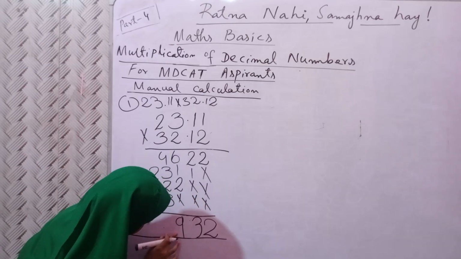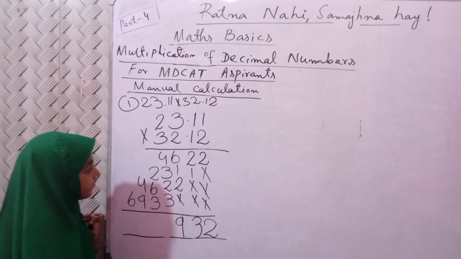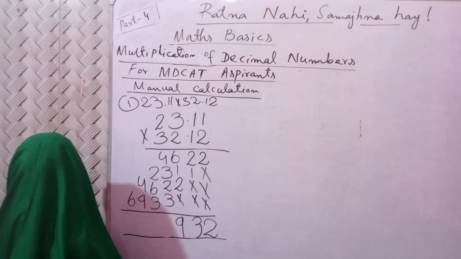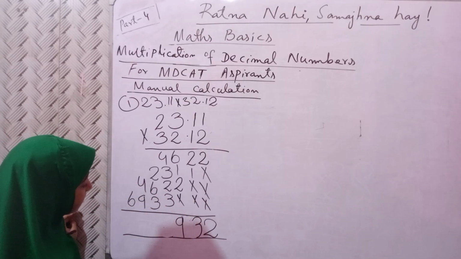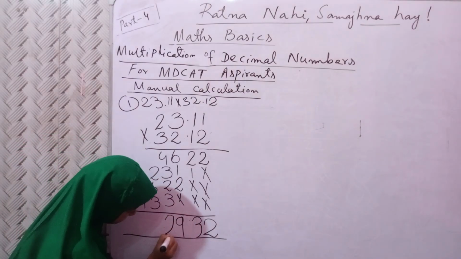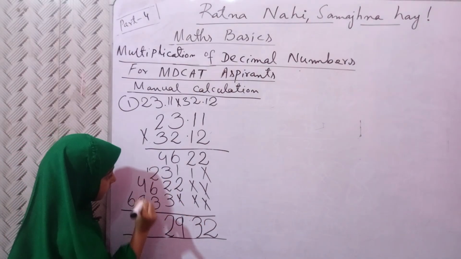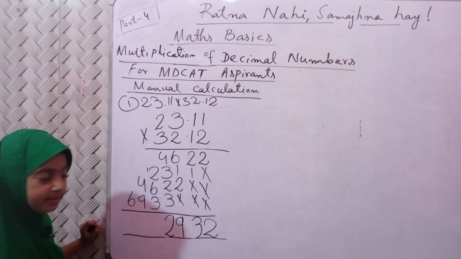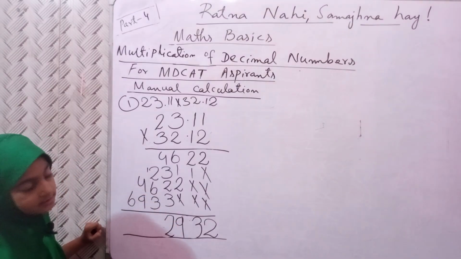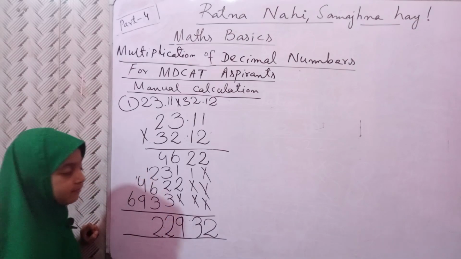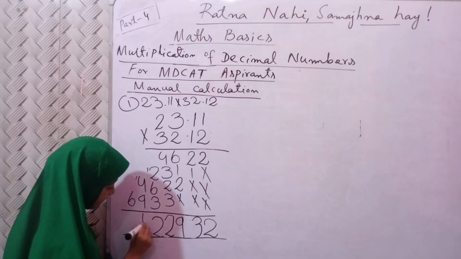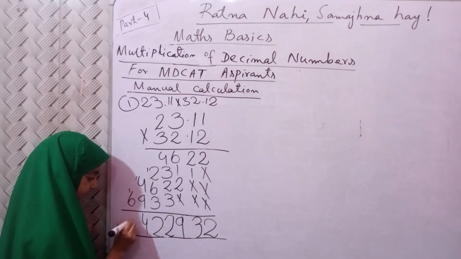I did not see this number. 4 plus 3 is equal to 7. 7 plus 2, 9. 9 plus 3 is equal to 12. It becomes 3, 3, 6, 9. 9 plus 3, 12. 2 here and 1 here. 5, 9, 14. 4 here, 1 here becomes 7.